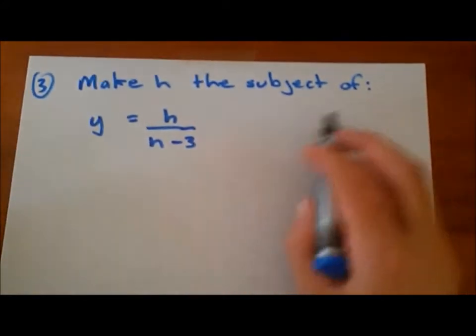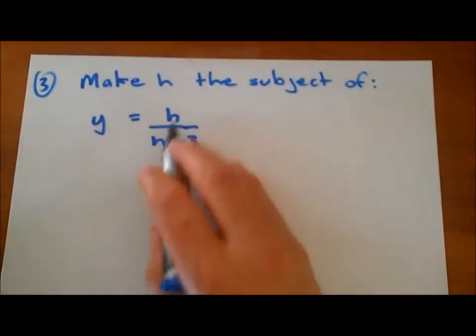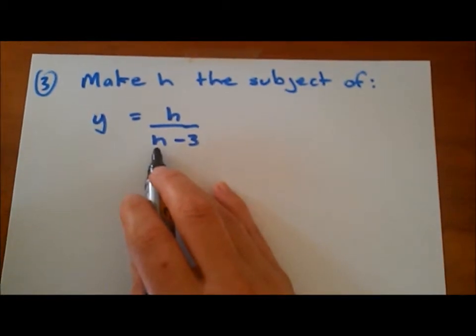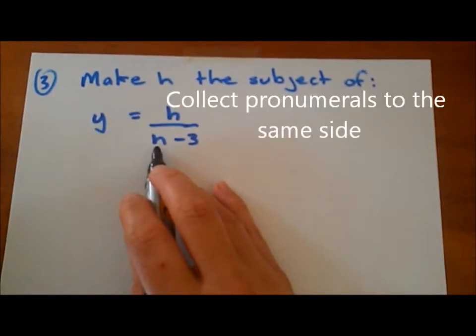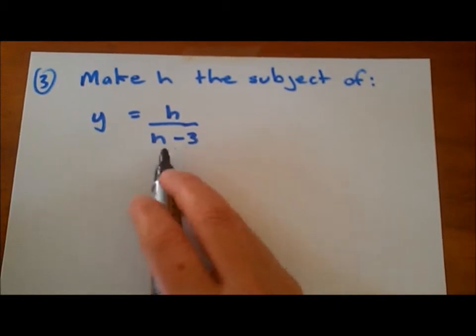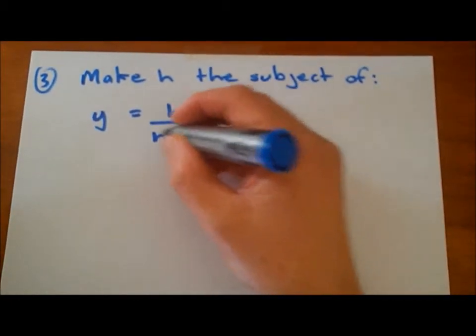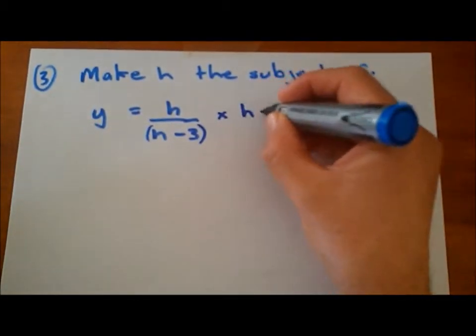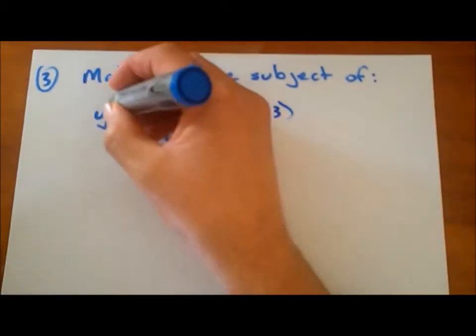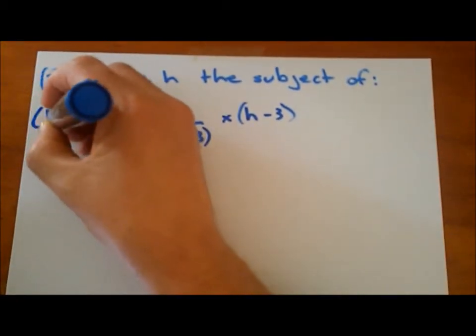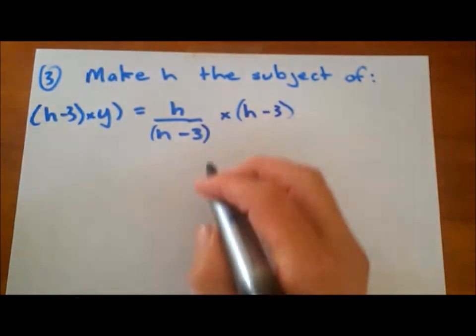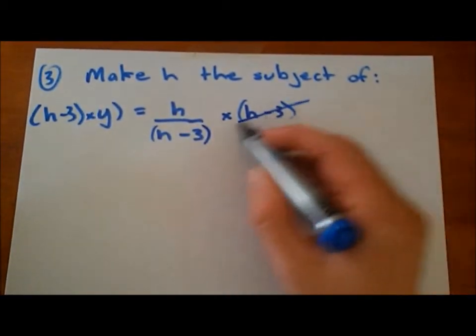I want to make h the subject of this. Notice there's two h's. So my goal here will be to get both h's to the same side. So firstly, like in the last example, I'll multiply both sides by h minus 3. This side, they cancel.